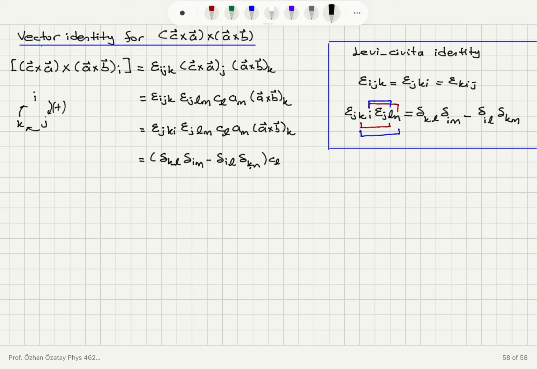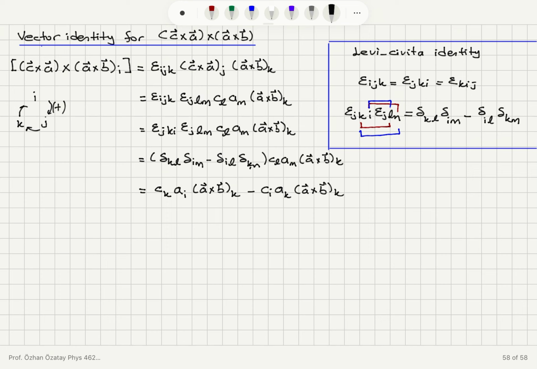And then I have CL, AM, and the kth component of A cross B. Now, delta KL means that K is equal to L, and delta IM means M is equal to I. So I'm going to substitute CK, with L equal to K and I equal to M. So CK AI, and then I have the cross product A cross B, kth component, and minus, then L is equal to I, delta IL, CI, K is equal to M, so it's AK, A cross B, kth component.